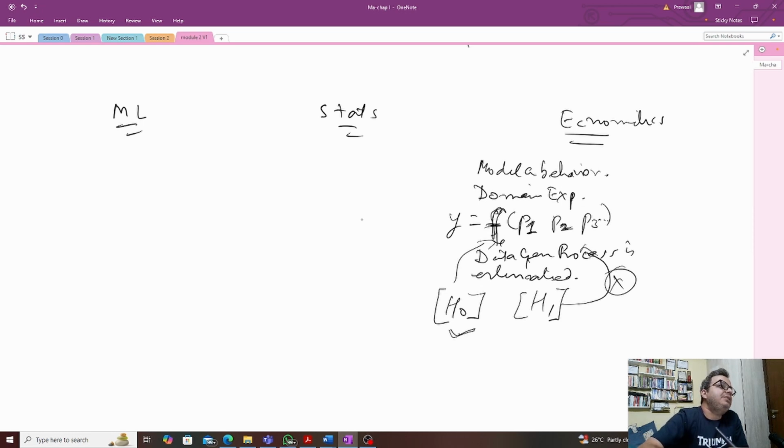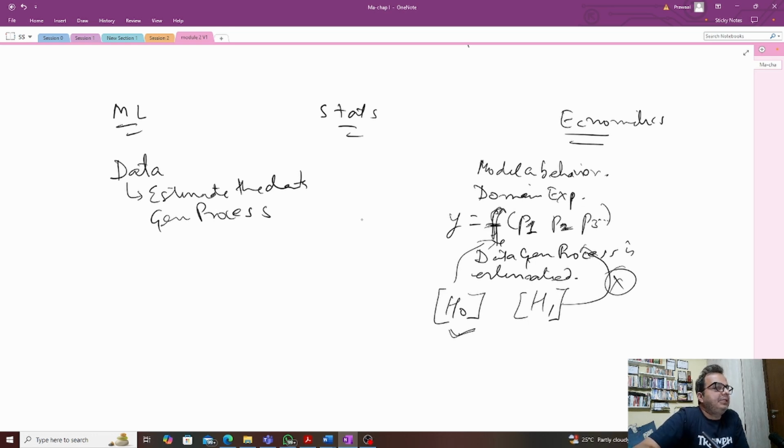In case of machine learning, what happens is that instead of estimating the data generation process, you use data itself to estimate the data generation process. So you don't need that kind of domain expertise, or you don't need any person to tell you what parameters are important, what parameters are not so important.